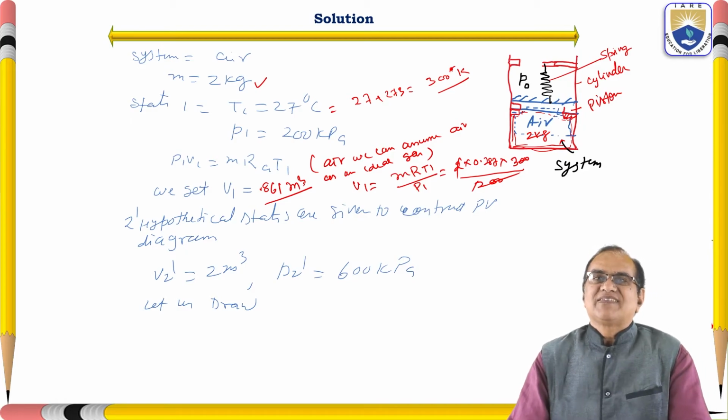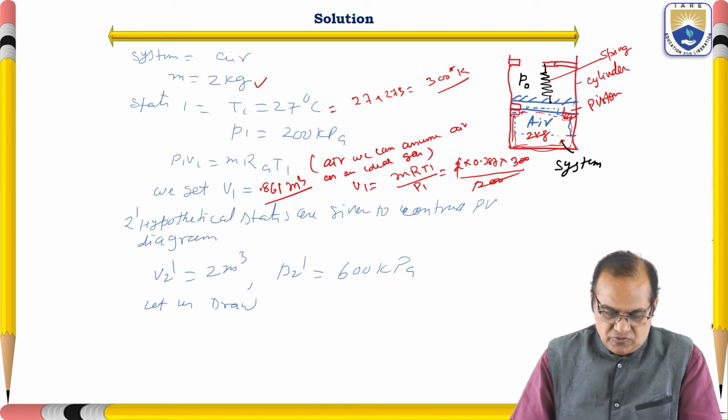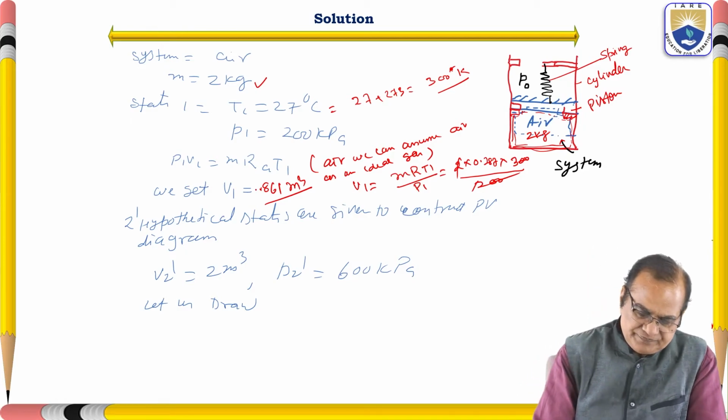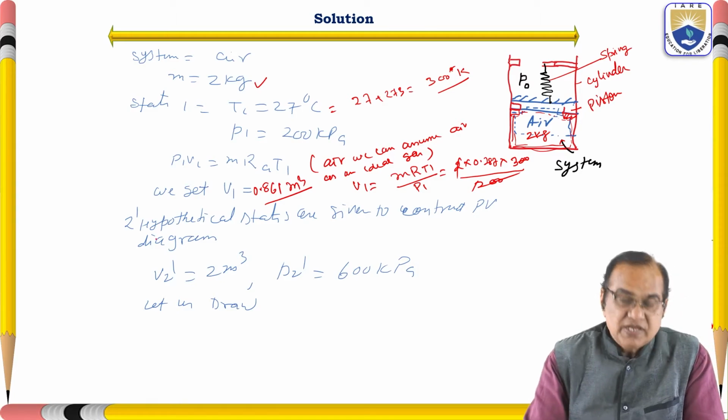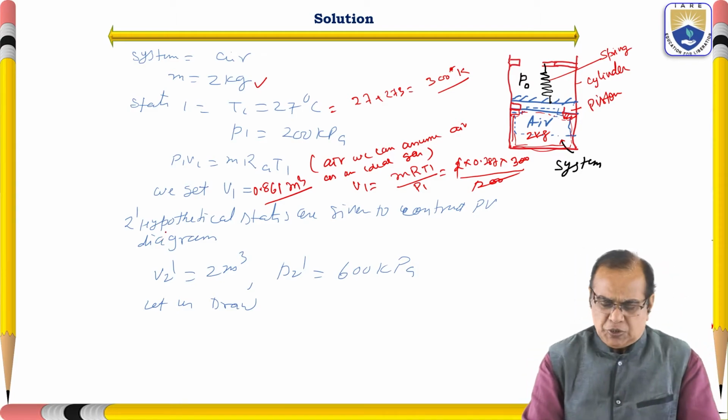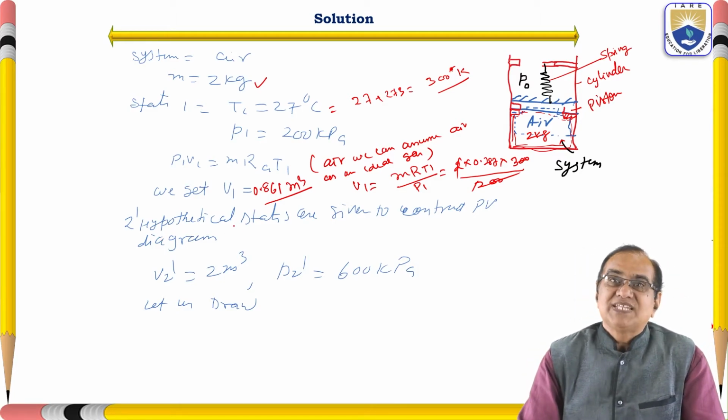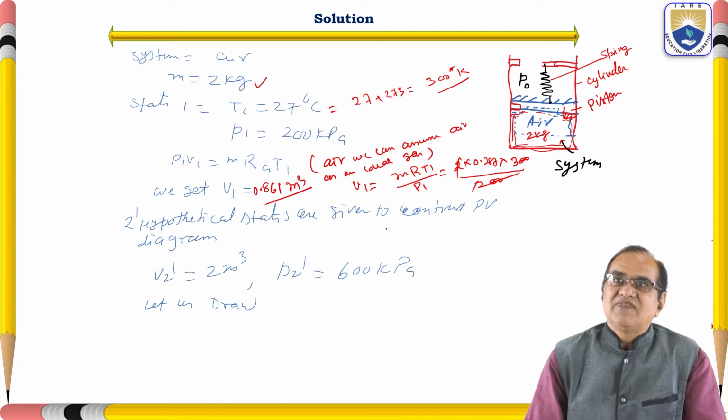Okay, so we get V1 is equal to 0.2861 meter cube.